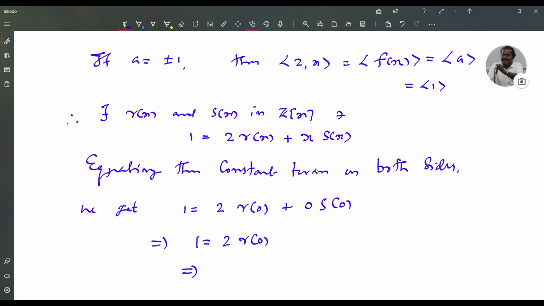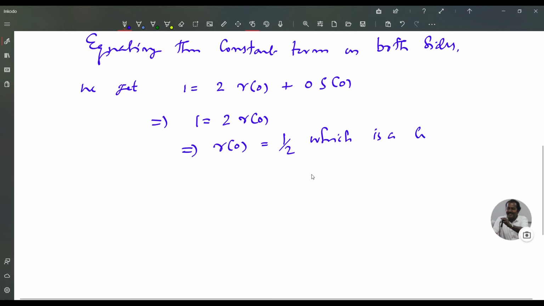So this implies r(0) equal to 1 by 2, which is not possible since r(0) belongs to Z, which is a contradiction.